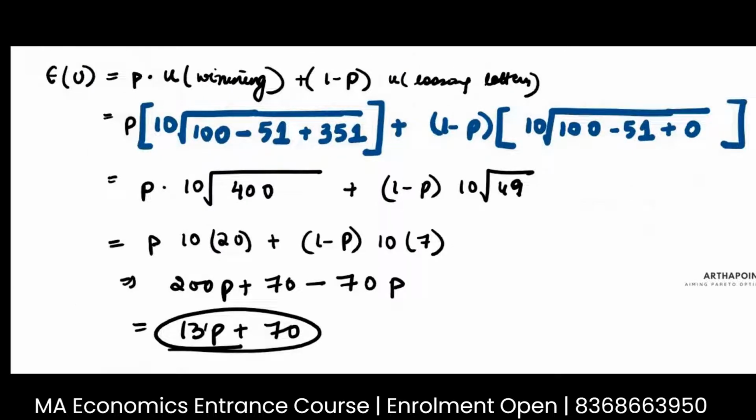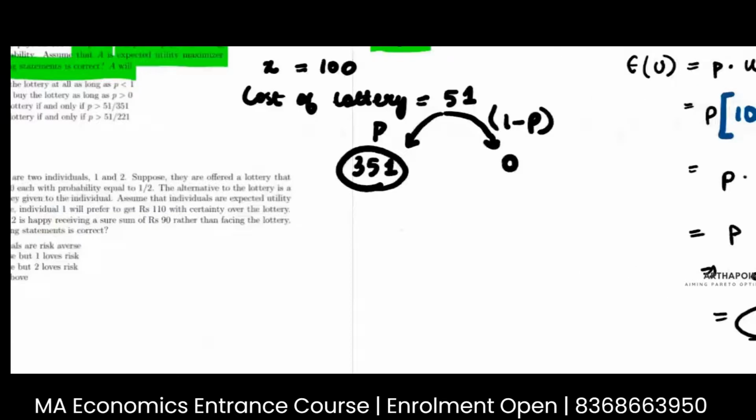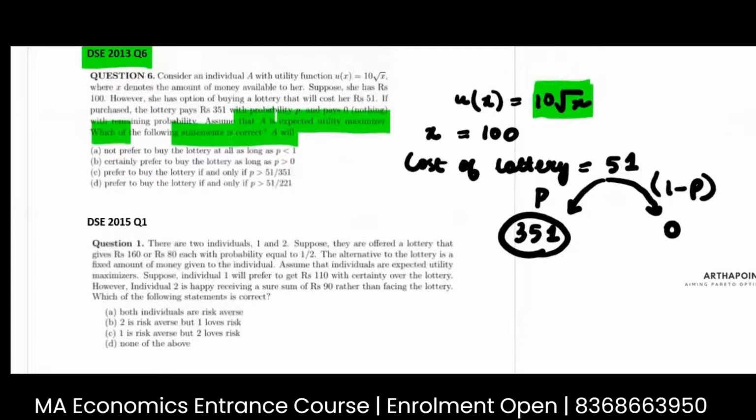Now, once you find your expected utility function, it is asking: assume A is an expected utility maximizer, which of the following statements is correct? Which means when will A go ahead and buy the lottery?